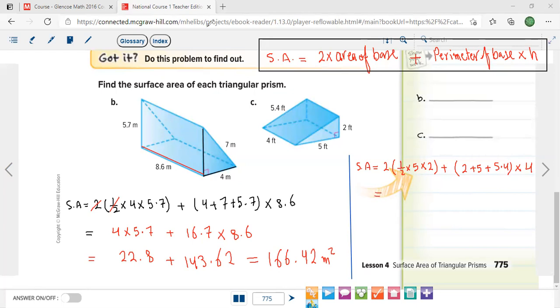Now, always the 2 will cancel the half. So this is 5 multiplied by 2. Don't forget plus. 2 plus 5 plus 5.4, so 12.4.